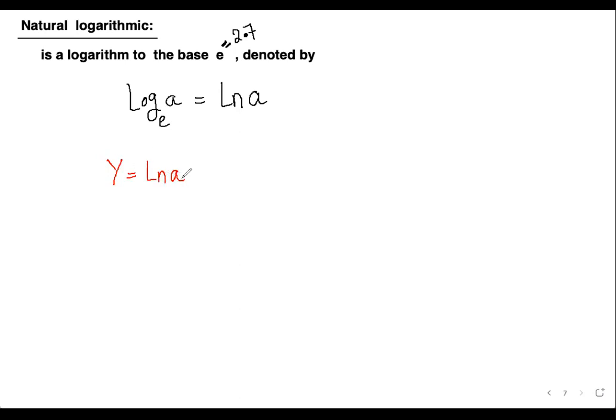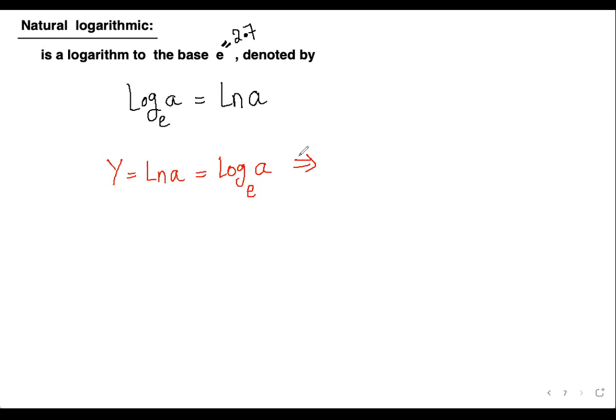If y equal ln of a, what is the ln of a equal? Log a to the base e. Okay? Log a to the base e.